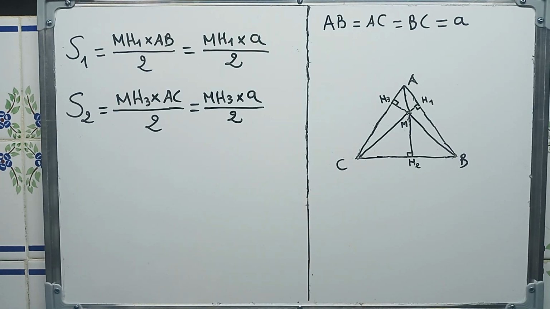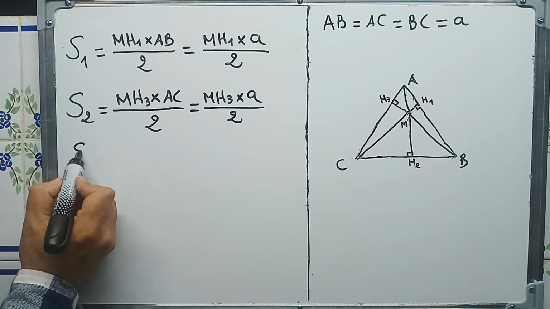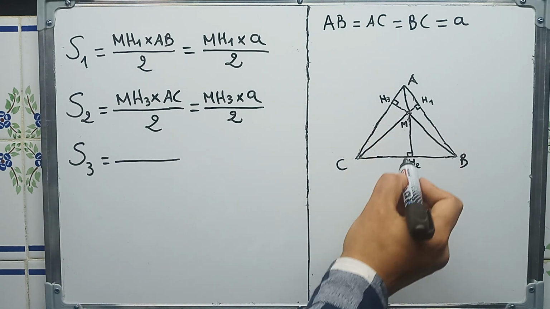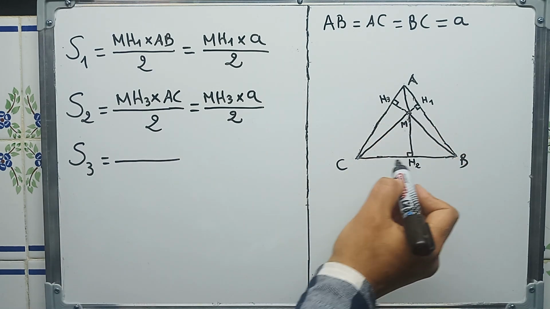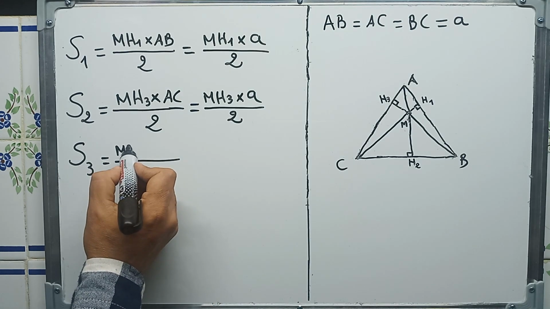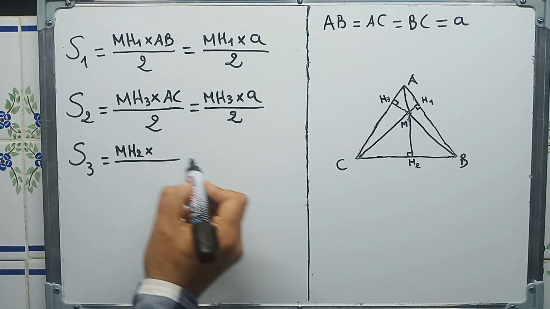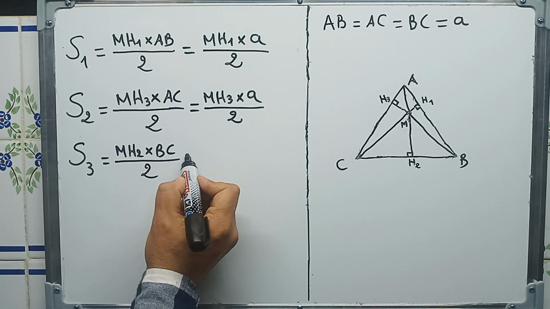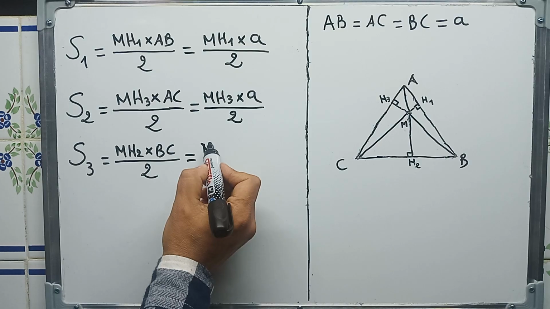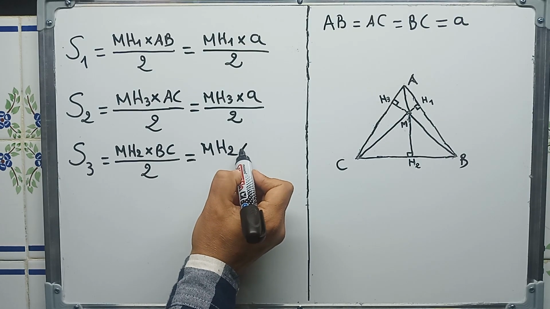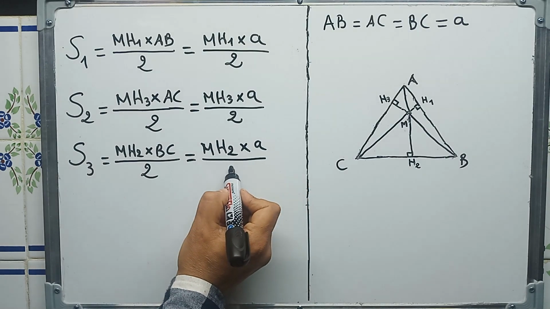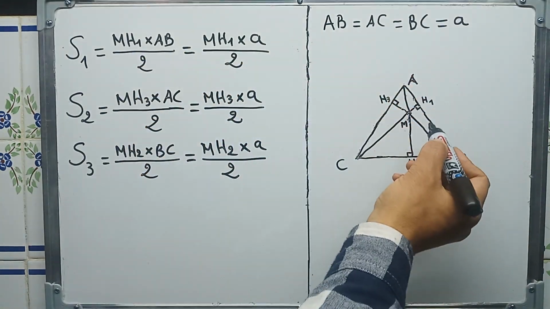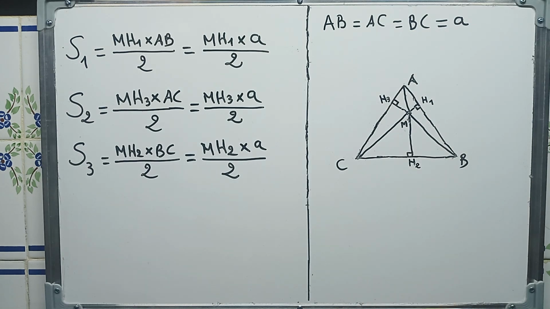And the last triangle MBC, the area S3, is equal to the altitude MH2 times the base BC divided by 2, which is MH2 times A over 2. Here AB equals AC equals BC equals A because it's an equilateral triangle.